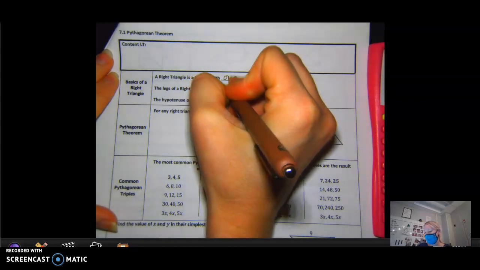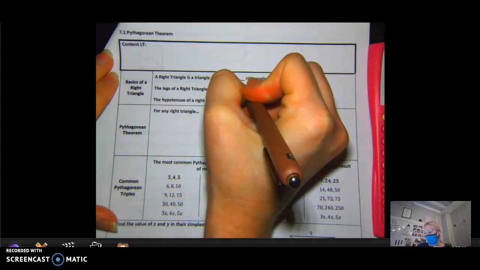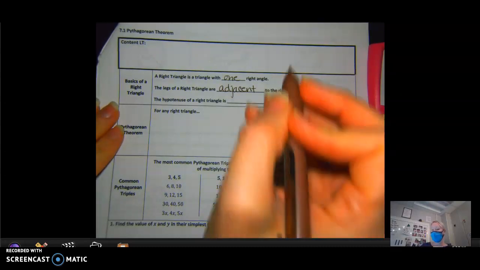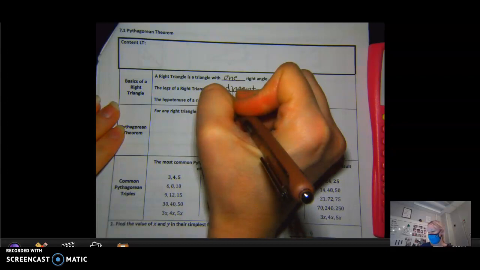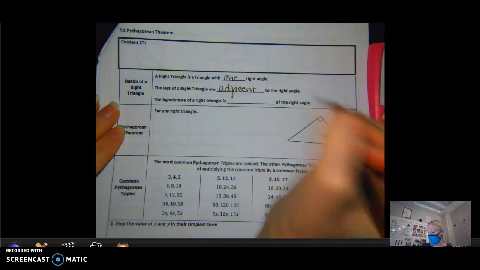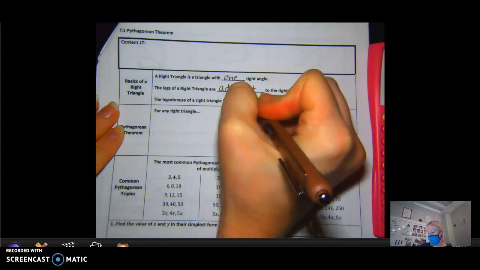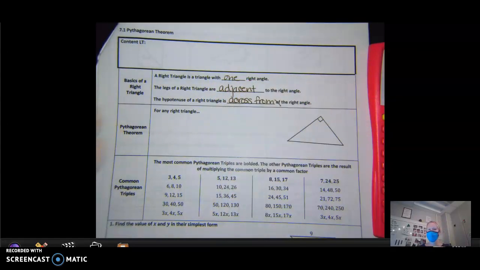The legs of the right triangle are adjacent to the right angle. What does that mean to be adjacent? Yeah, next to. So they form that right angle. The hypotenuse of the triangle is across from the right angle.